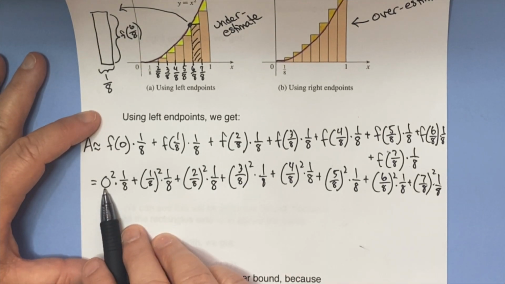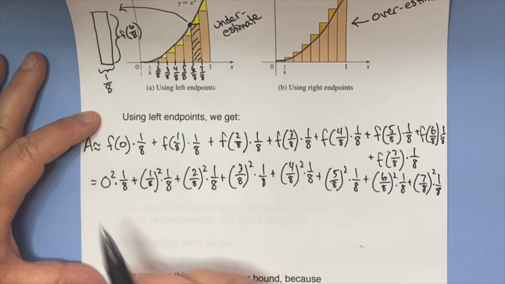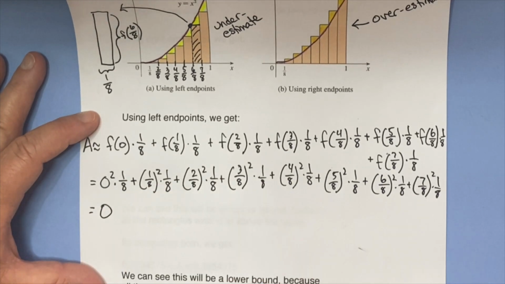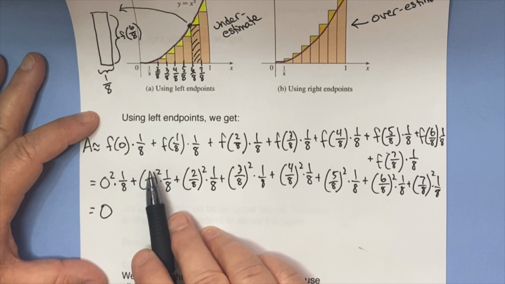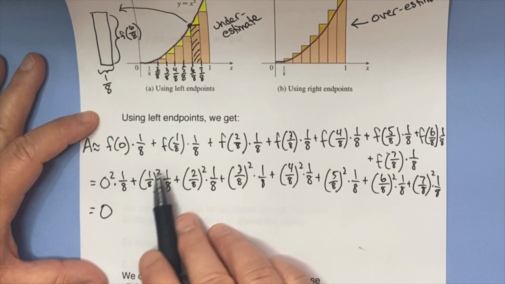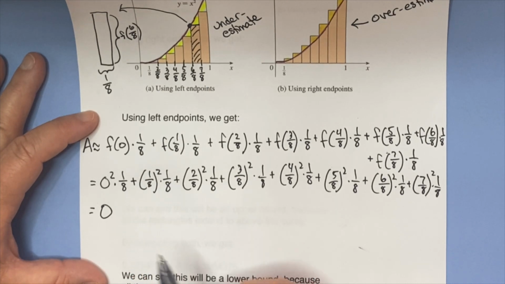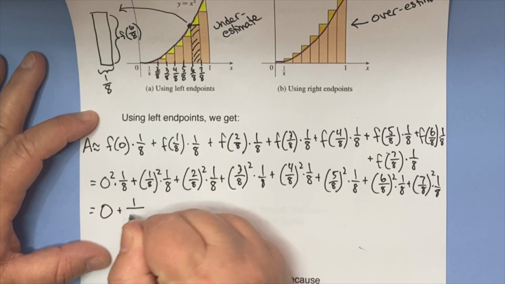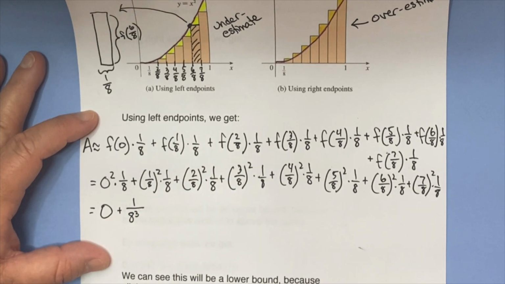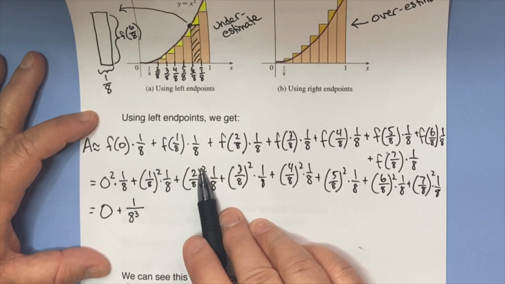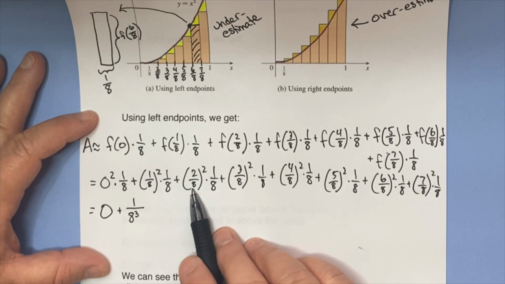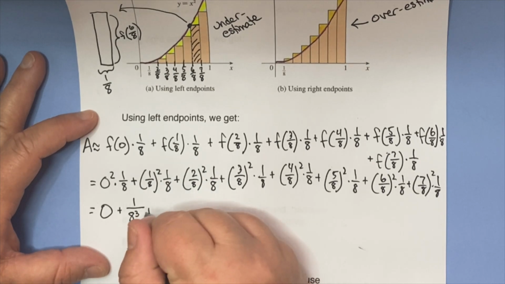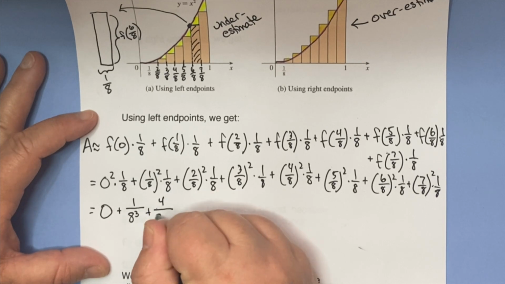The good news is 0 squared is 0. So this term is just 0. This one is going to be 1/8 times 1/8 times 1/8. So that's going to be 1 over 8 cubed. This is going to be 2 squared on top and 8 squared times 8. So this is going to be 4 over 8 cubed.